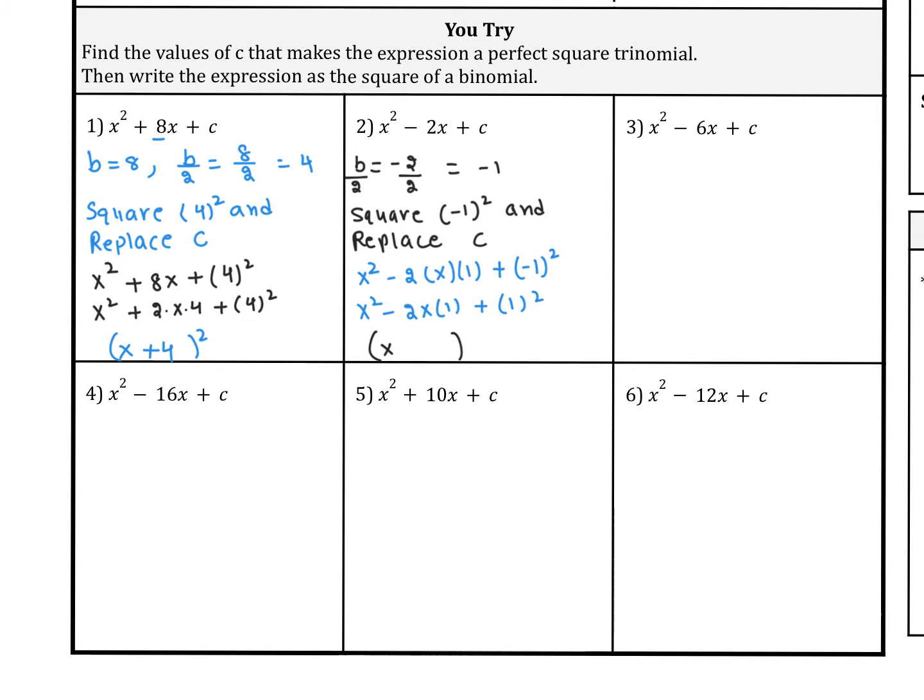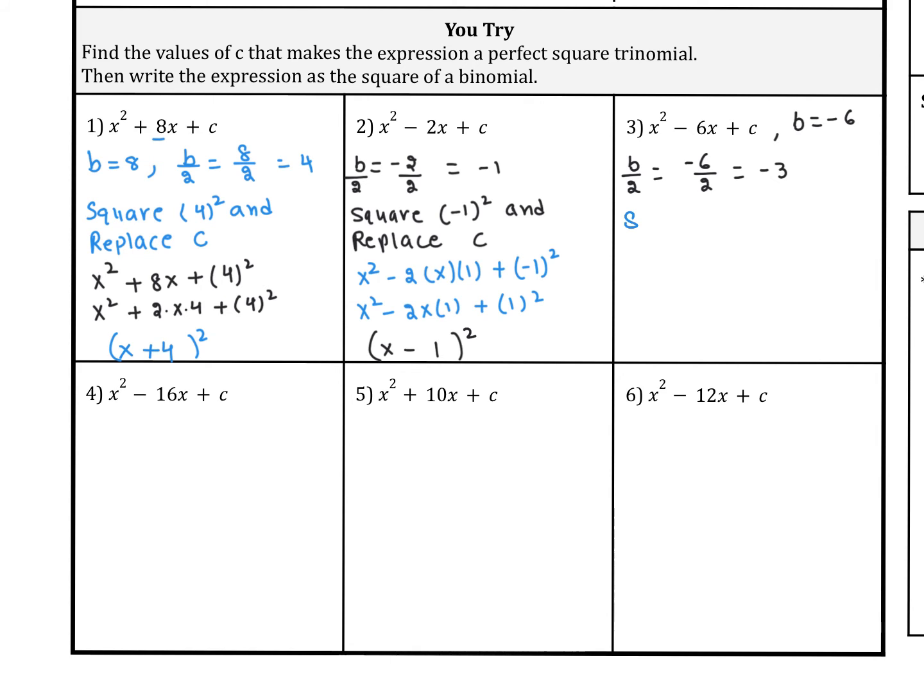So x here, the first term from here, and the last term from here, that is 1. And then inside, you take a negative sign, the sign of the middle term, and you write it as a perfect square. Next is number 3. Here b is negative 6. You write b over 2, which is negative 6 over 2, that's negative 3.